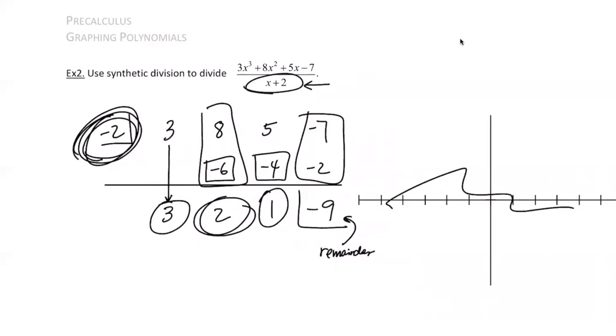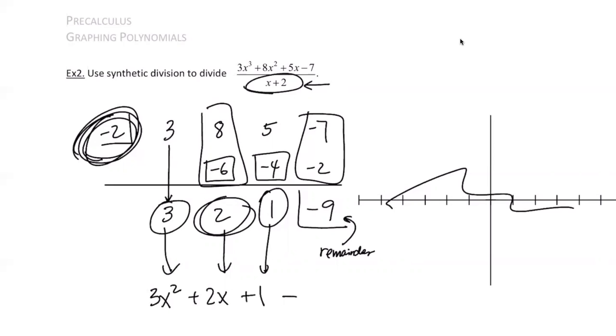Not 2, not 3, not 4, up to 1 only. So when you think about it, if it's x cubed divided by x, what do you have? It's going to be x squared, right? Therefore, these become the coefficients and constants. So you have 3x squared plus 2x plus 1.